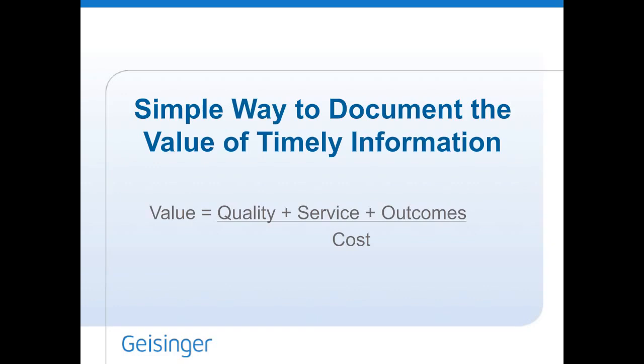So if you have an outcome, you can use that. It can be outcomes over cost. If you have a quality practice or a quality improvement, it can be quality plus outcomes. So any of those top three variables can be bucketed together to show here's the improvement and here's what it costs the laboratory. In essence, that's what you're trying to say.